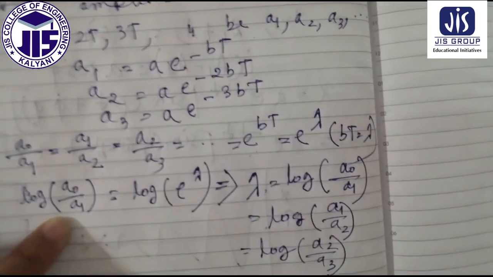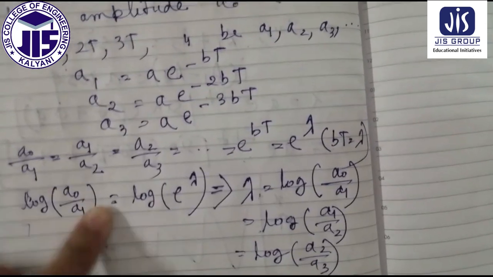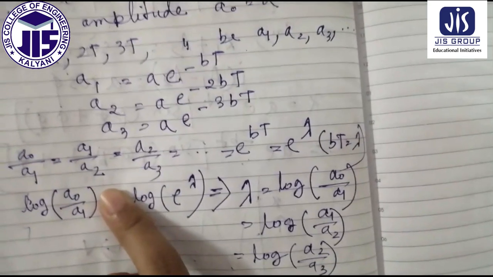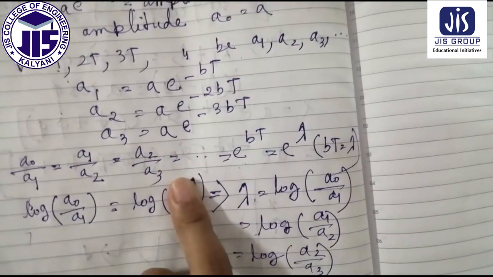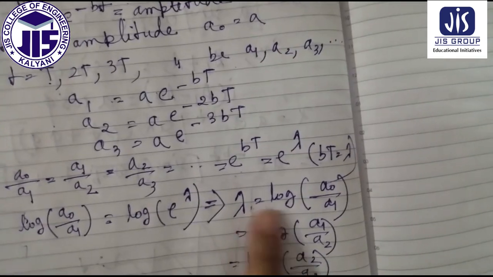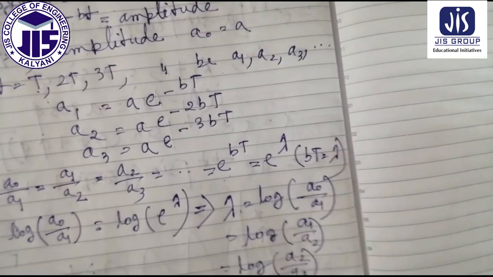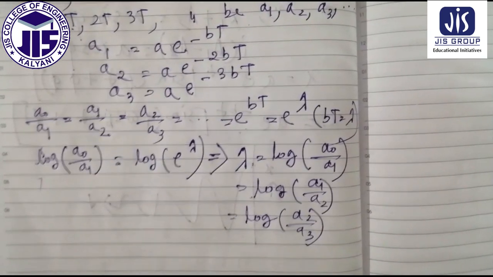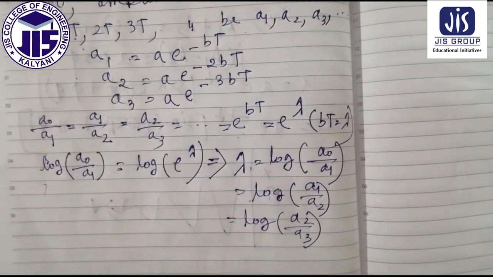That means a0 by a1, and if you do log of a1 by a2, log of a2 by a3, then we can also get lambda. So lambda equals log of a0 by a1 and so on. This is nothing but the logarithmic decrement.